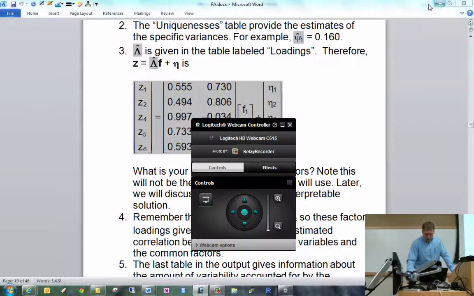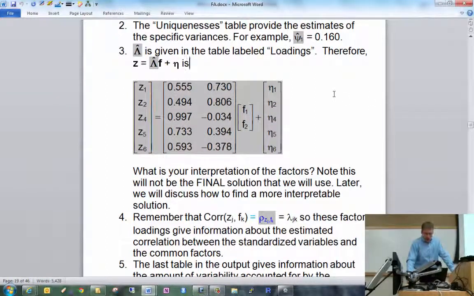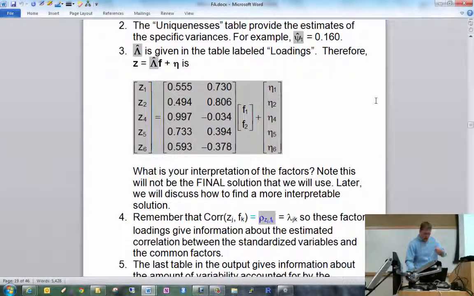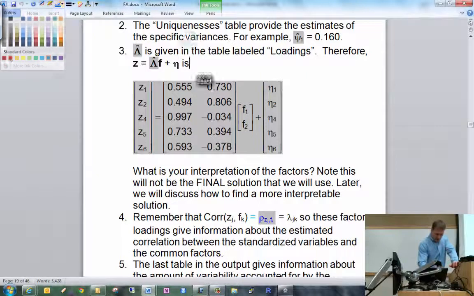Just to review a little bit where we were at, we were talking about factor analysis with respect to the goblet data. Here's what our estimated factor analysis model was.